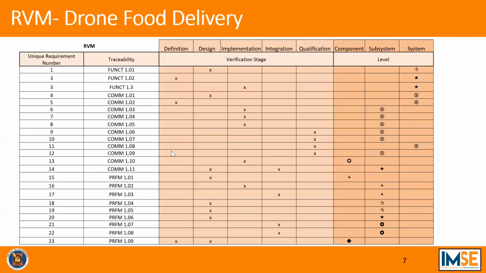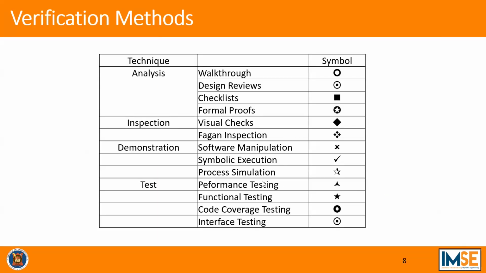To go back to our example for requirement 17, we use this symbol, and that is basically a testing method. More specifically, it is a performance test. Like we will need to test the performance of the backup battery to ensure whether it is working or not when it is required, and the specific duration of time.